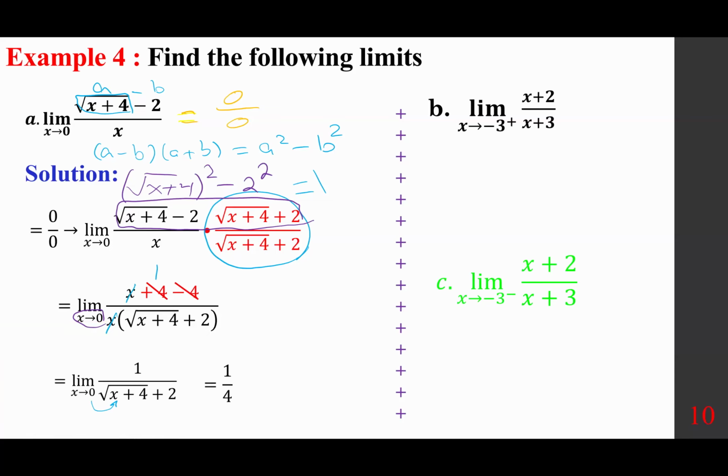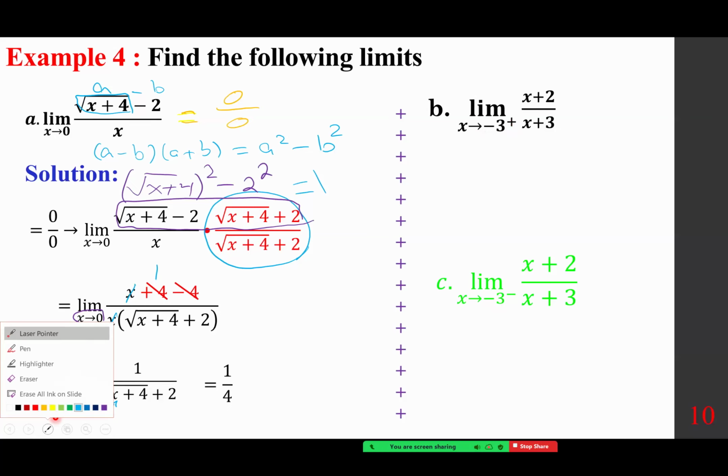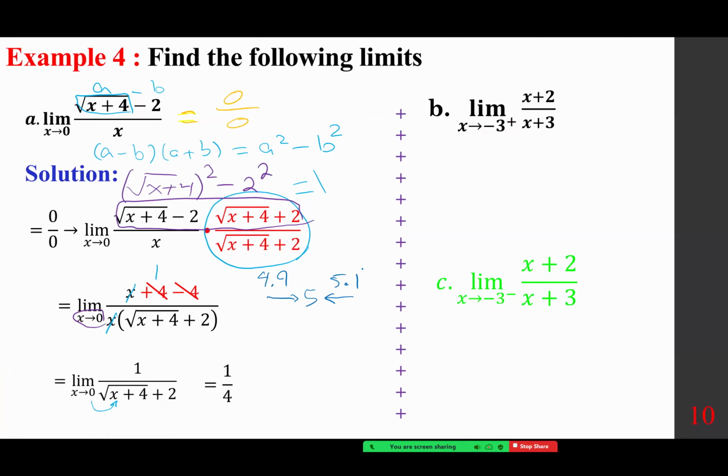Let's take the limit of x plus 2 over x plus 3 as x approaches negative 3 from the right and negative 3 from the left. Please understand, every number that is positive, both sides are positive. For example, if I make up a number 5, both sides of 5 are positive: the left side is like 4.9 and the right side is like 5.1.